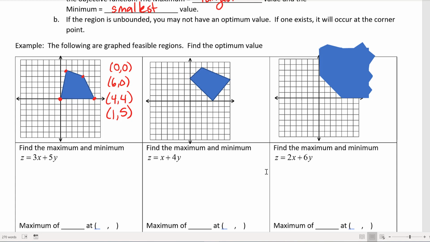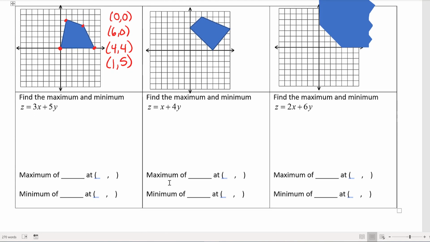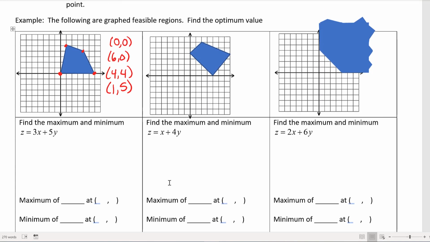Step 5 says evaluate the maximum or minimum function at those corner points. I am going to use my x, y and plug it in. I have z equals 3 times 0 plus 5 times 0, and that gets me 0. The next one, z equals 3 times x, but x is now 6, plus 5 times y, which is still 0, so that's 18.